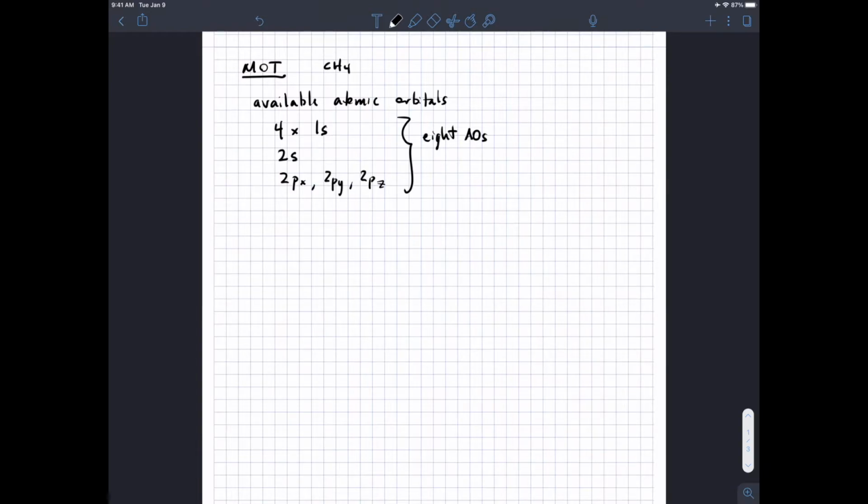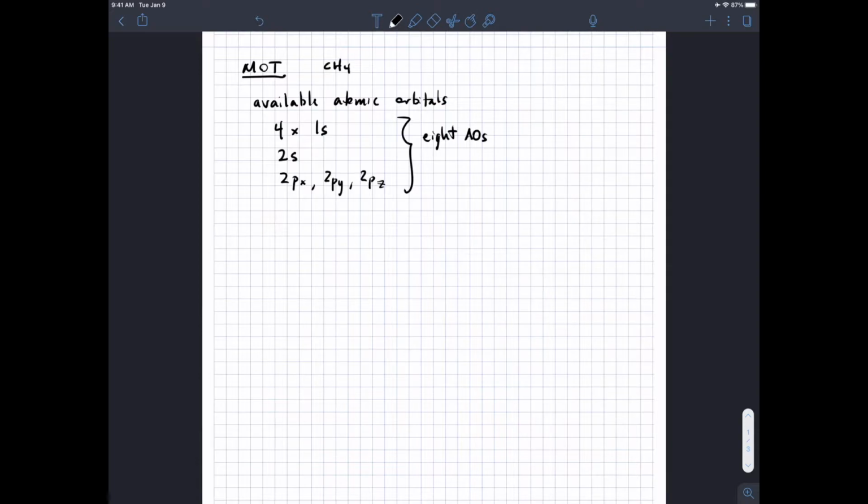We're going to combine them together by constructive and destructive interference, or by adding and subtracting, to get new molecular orbitals. Now, what I show you here is not something I would expect you to be able to derive on your own, but it's informative because it's your first example of an MO that's delocalized over more than 2 atoms.